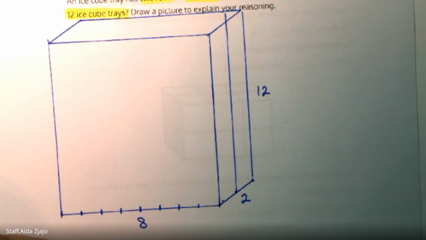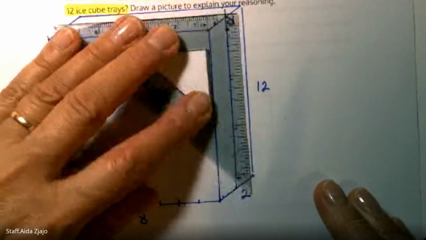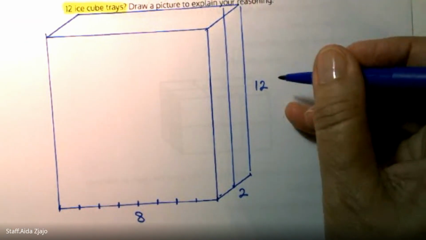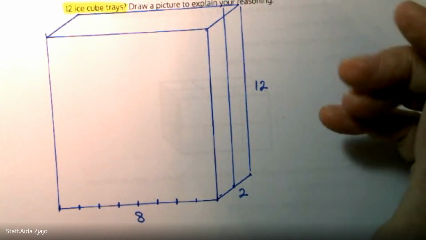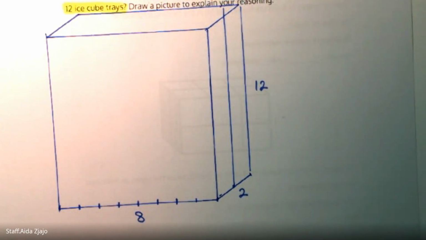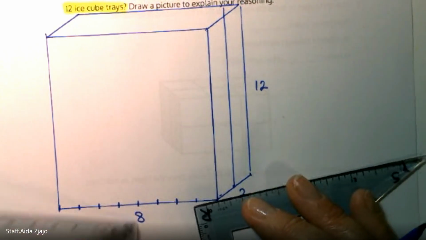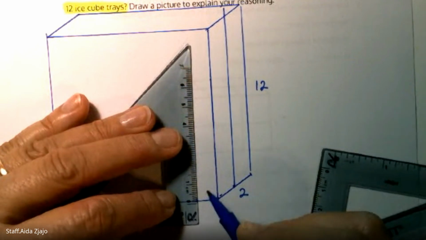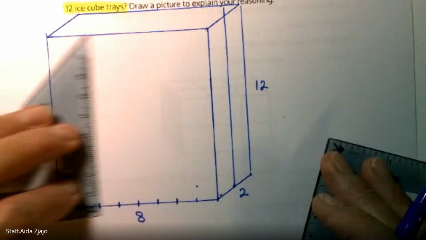So 1, 2, 3, 4, 5, 6, 7, 8, 9, 10, 11, 12. It's not as important to draw all of them, as long as I create that one tray. So let's see if this is one tray.